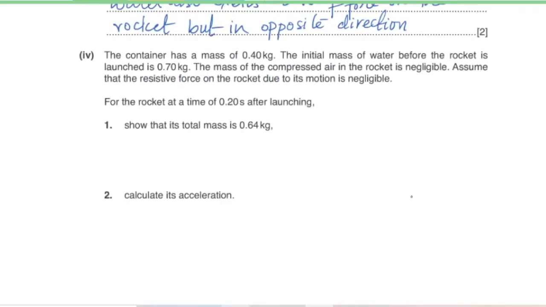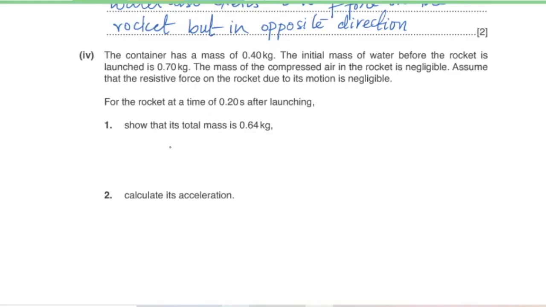Part 4, the container has a mass of 0.4 kilograms. The initial mass of water before the rocket is launched is 0.7 kilograms. The mass of the compressed air in the rocket is negligible. Assume that the resistive force on the rocket due to its motion is negligible. For the rocket at a time of 0.2 seconds after launching, show that its total mass is 0.64 kilograms.